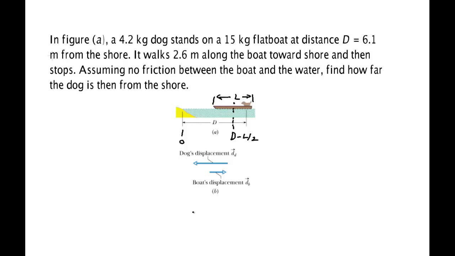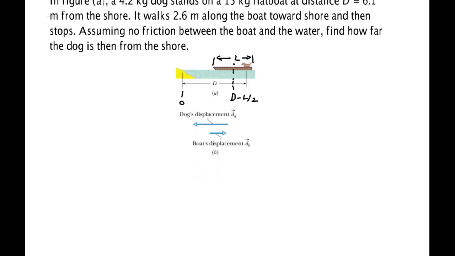It isn't essential that you do it this way, but somehow we have to be able to tell where the center of the boat is, so we can calculate where the center of mass of the system is. In the beginning, calculating with this being x equals 0, the center of mass is going to be equal to the mass of the dog times the distance, which is big D, plus the mass of the boat, and that's located here at d minus L over 2.